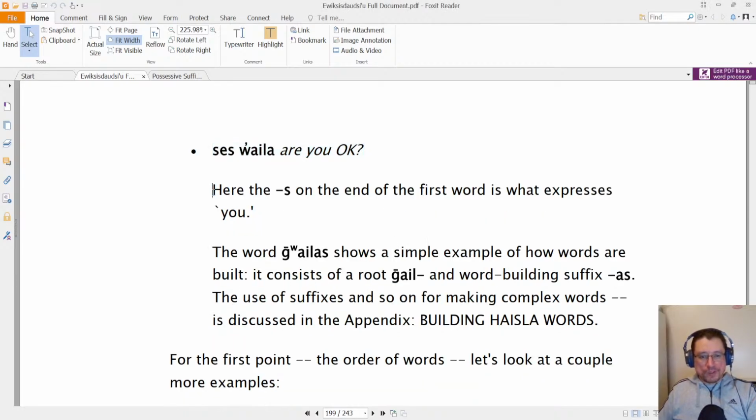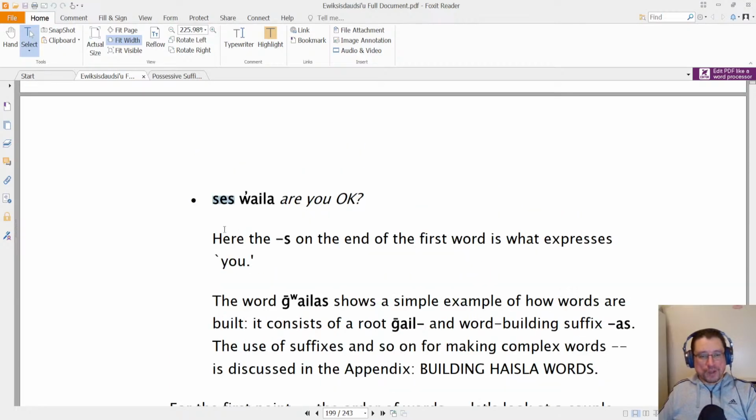So he goes on to explain the S on the end of the first word is what expresses you. Before, he was talking about the word see, which is the default question word. If you're not referring to someone specifically in the first word, you use see. But if you are referring to somebody, then you change the end of the word.